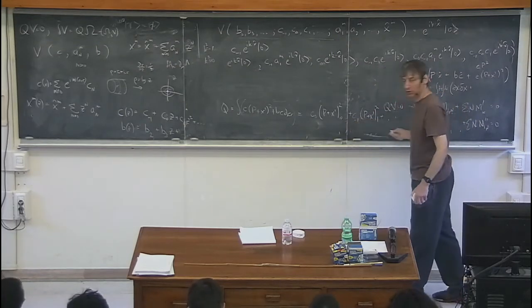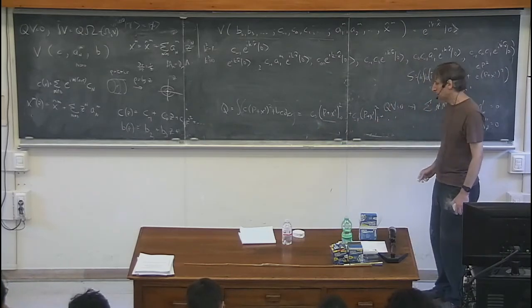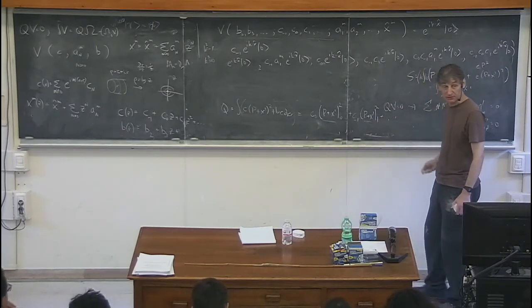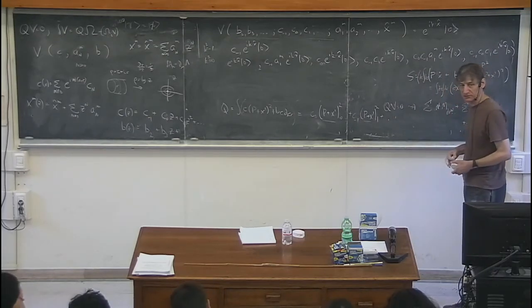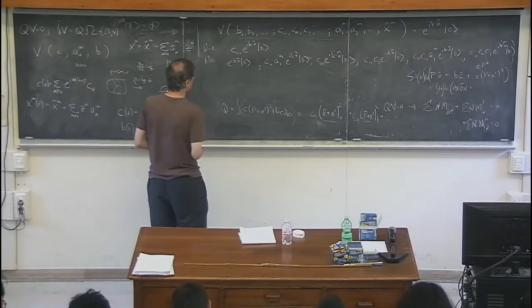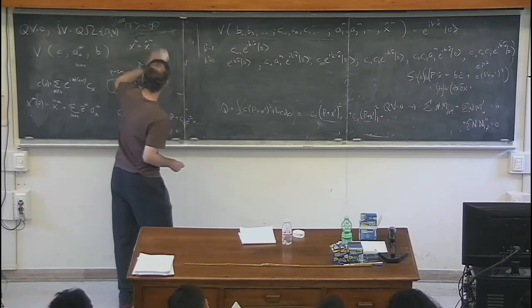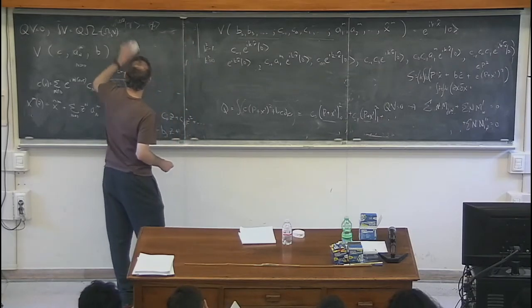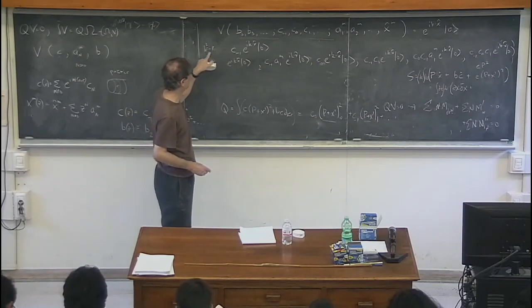Okay? The mass shell condition comes from here. But there are other conditions coming from these. And they all have to annihilate your states. So what one finds is that this state, the only condition it has to satisfy is k squared equals minus 1.